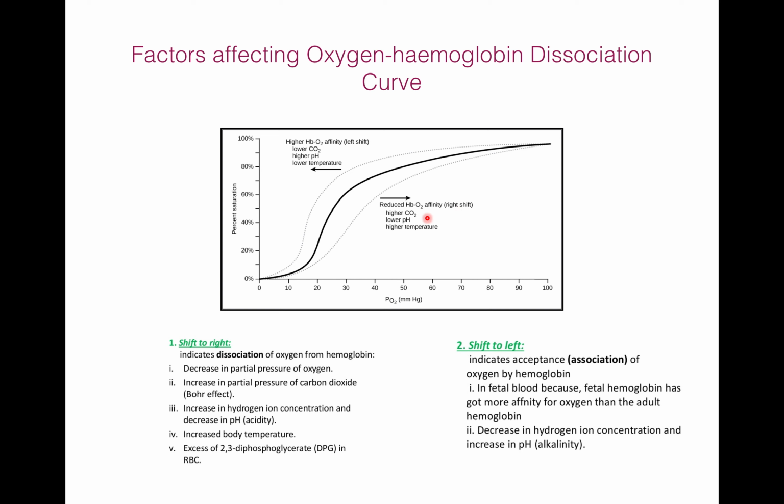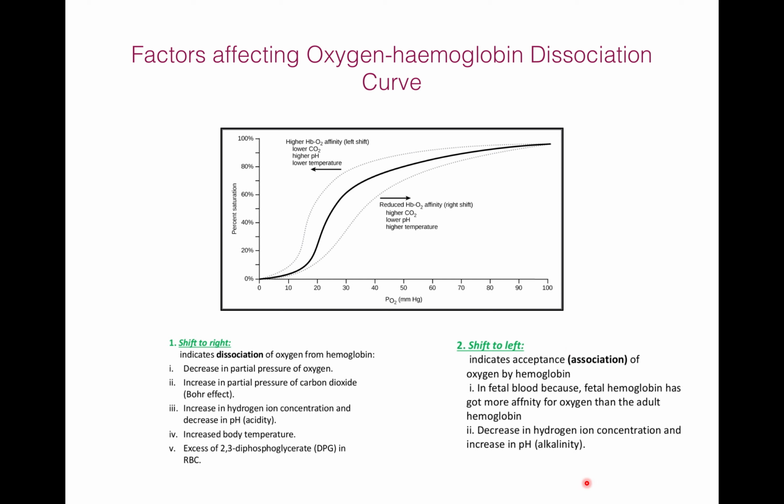So higher carbon dioxide, lower pH, and higher temperature cause the curve to turn to the right side. Now, a shift to the left indicates acceptance or association of oxygen by hemoglobin. In fetal blood, because fetal hemoglobin has more affinity for oxygen than adult hemoglobin, the curve turns to the left side.